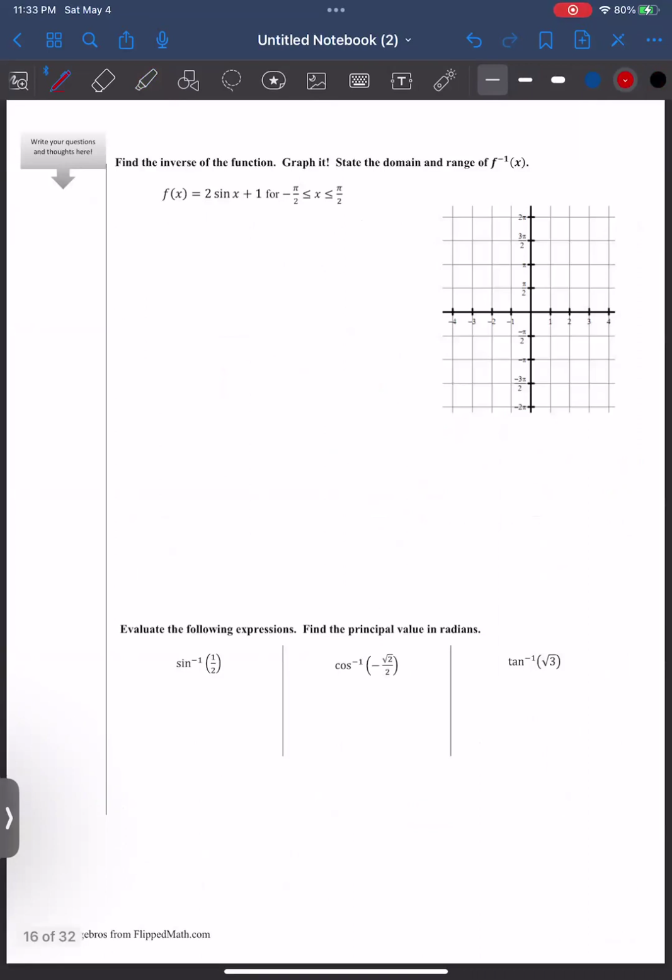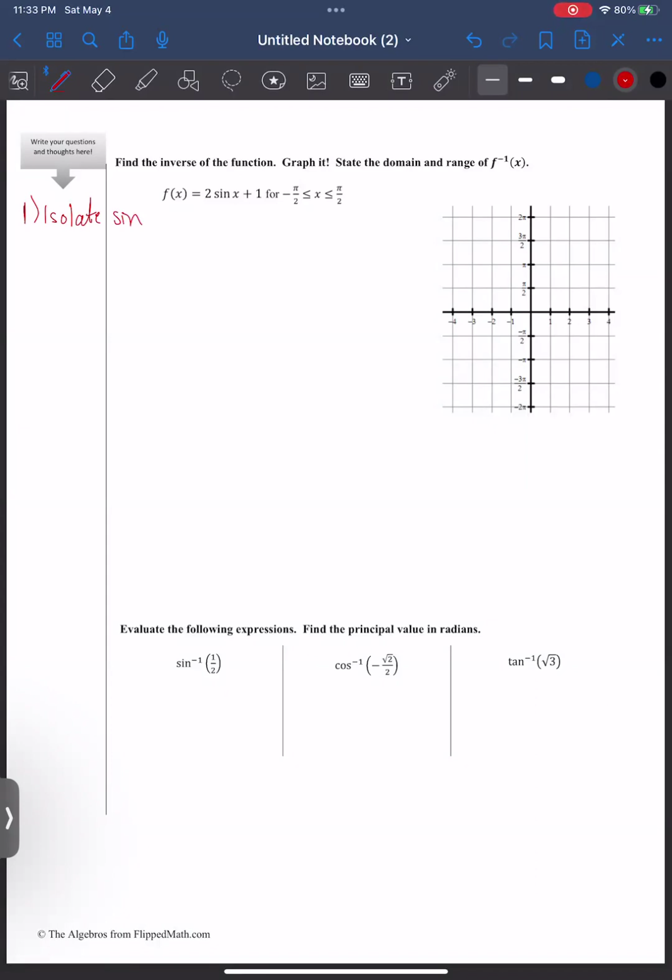Now this is for you to do on your own. You're going to find the inverse of the function. So what you want to do is, first of all, get sine by itself. I'll write your steps out here. Step 1, isolate sine.